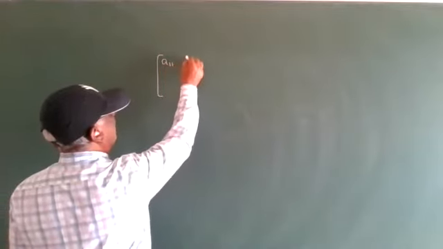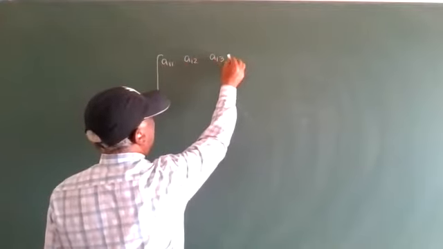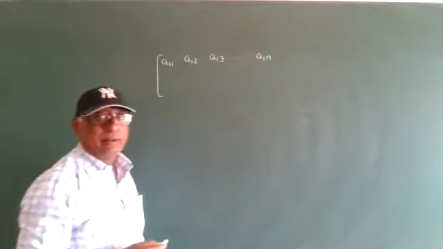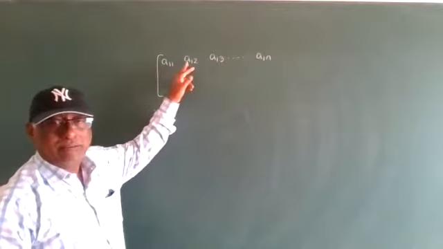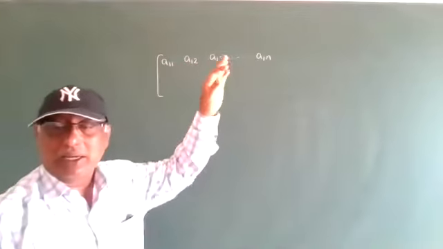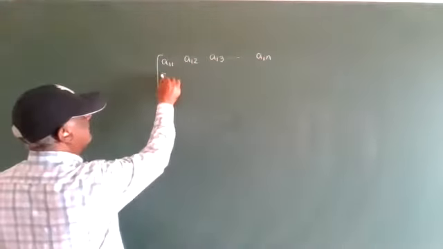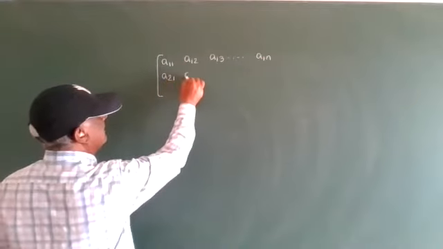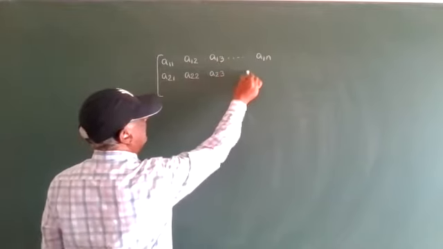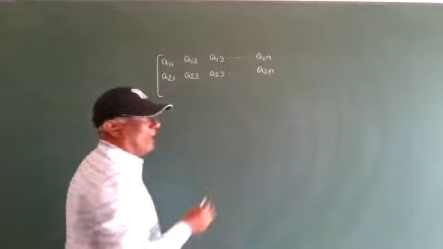First line, first element; first line, second element; first line, third element; dotted, first line, nth element. Next, second line, first element; second line, second element; second line, third element; dotted, second line, nth element.